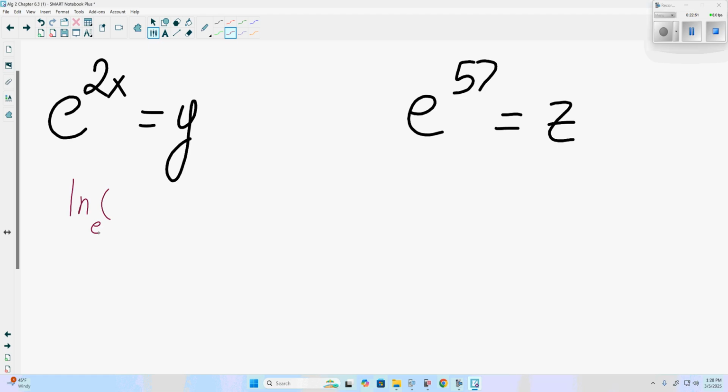Not x. Equals 2x. So really we don't have to write the base e because it's understood. All we'd have to write for this here is the natural log of y equals 2x.